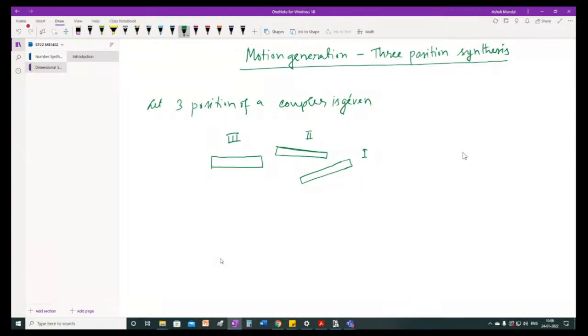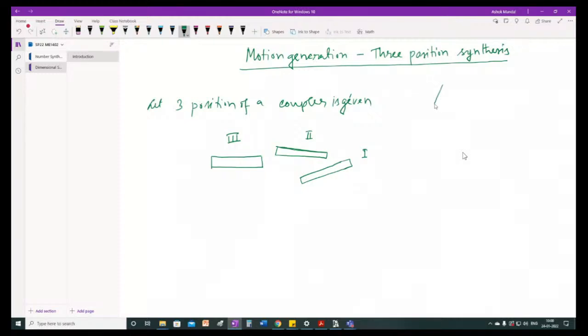These three positions are given, and we have to find the synthesis of the mechanism. That means we have to find the lengths of the links, like link 2, link 4, and the distance between O2 and O4.